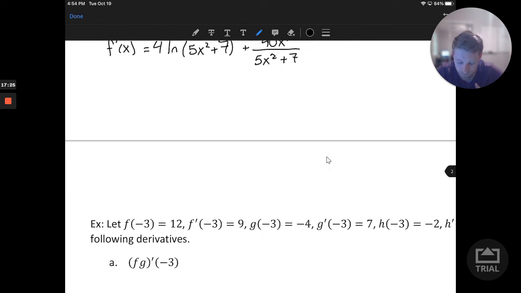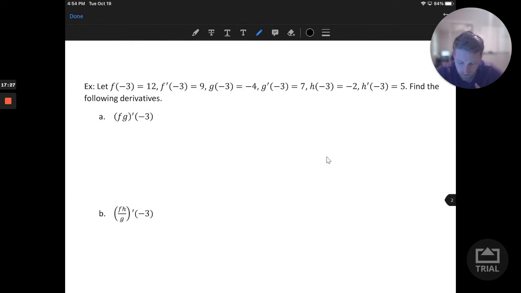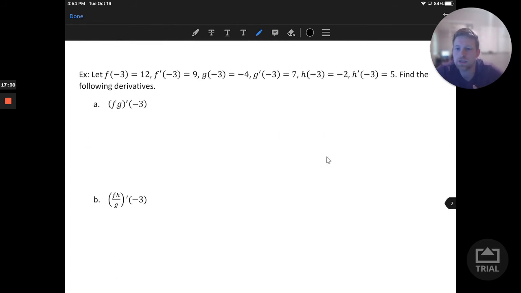This next page considers a little bit of a different type of example where we are given some functional values and derivative values at a specific point, -3, and we want to use our derivative rules to consider the derivative at the point. So let's consider the first one.